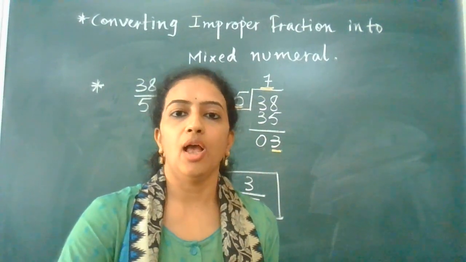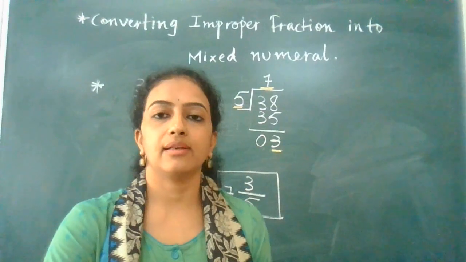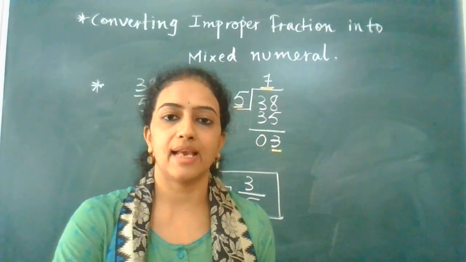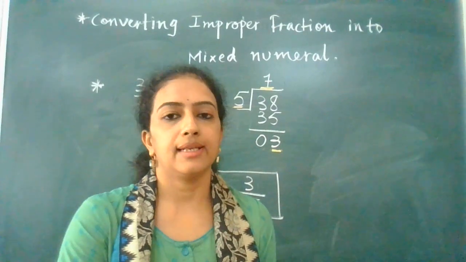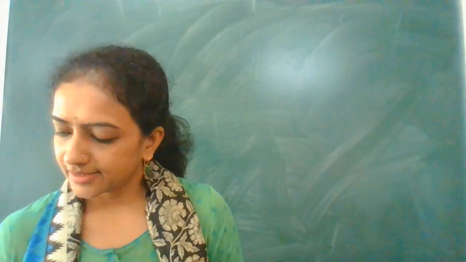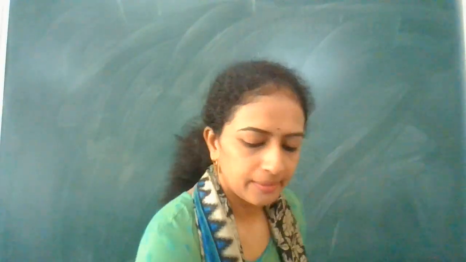This is fractions. Okay, so let's see how to solve exercise 7F. The important questions I'll be showing, the rest you have to do on your own. So let's see exercise 7F, question 1.